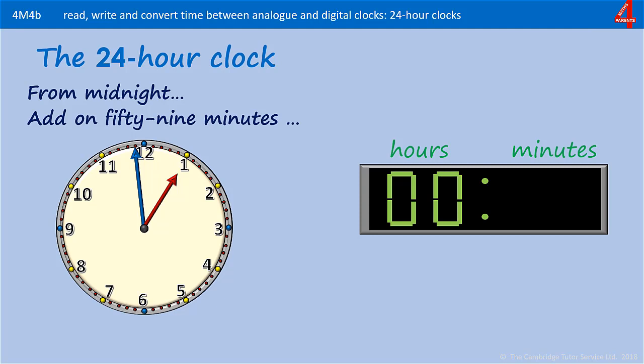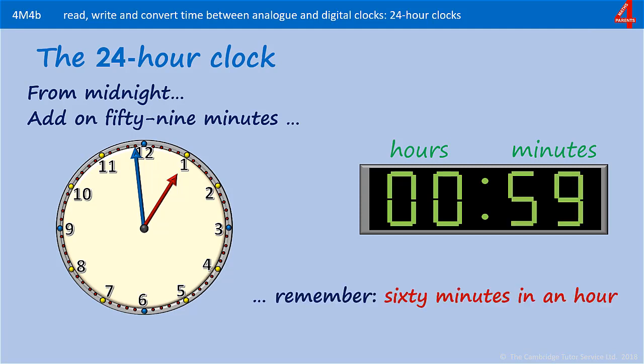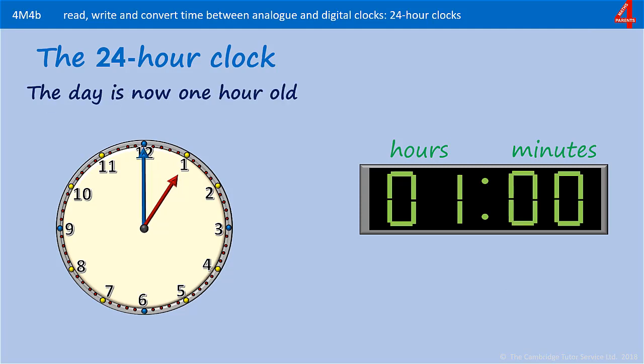If you remember that there are 60 minutes in an hour, then 1 minute before the hour will be 59 minutes. So 1 minute to 1 o'clock in the morning is no hours and 59 minutes. And as the clock moves round 1 more minute, it becomes 1 o'clock in the morning, 1 hour into the brand new day.